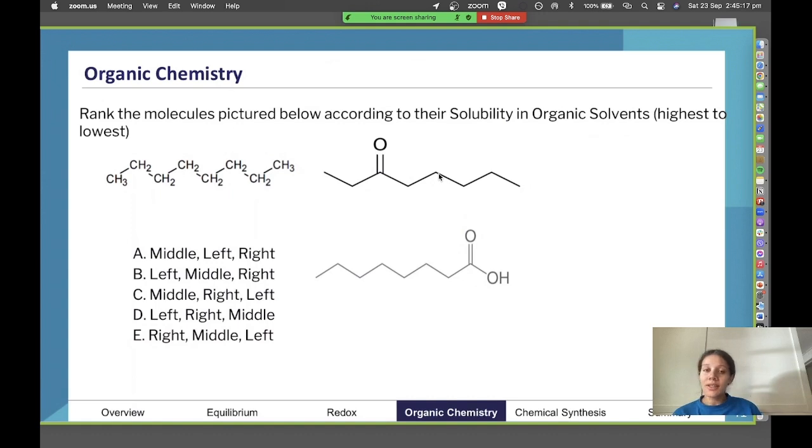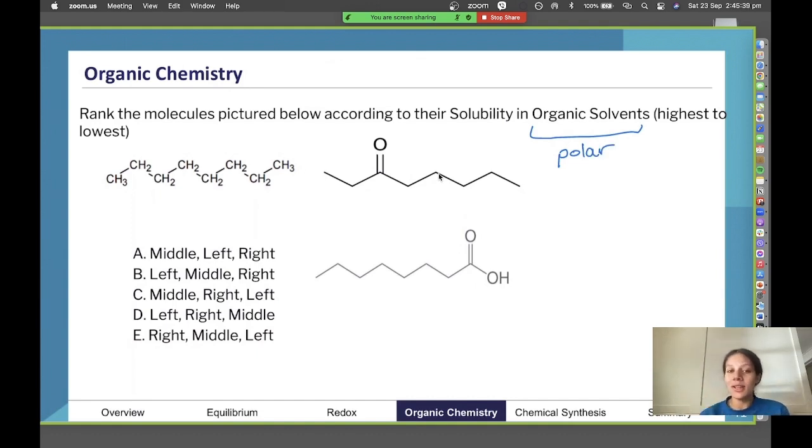All right, now the same molecules, but we're going to rank them according to their solubility now. We're going to go from highest solubility to lowest solubility. So again, consider the factors we were discussing before, but for solubility, if you want to be soluble in organic solvents, these are non-polar.